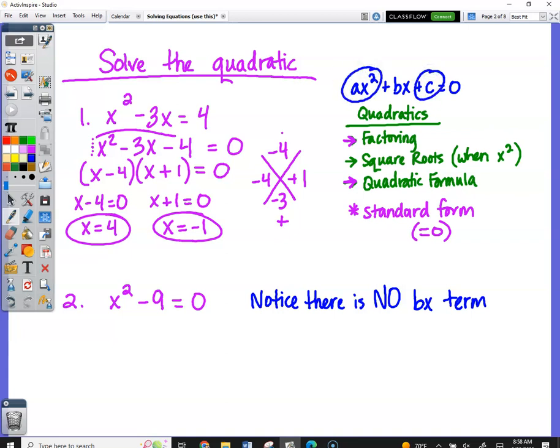What's missing? The x to the first power term is missing, right? When you recognize that there is just the single x squared term, you can solve by square roots. And I would advise it because it's a lot faster.